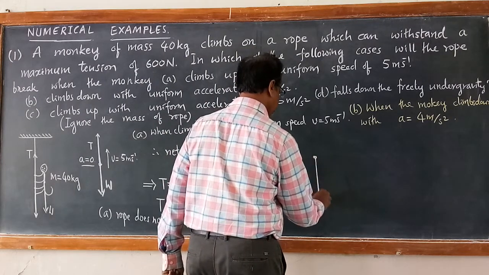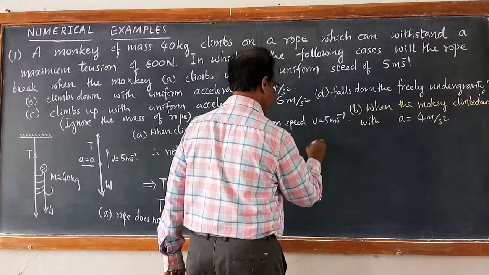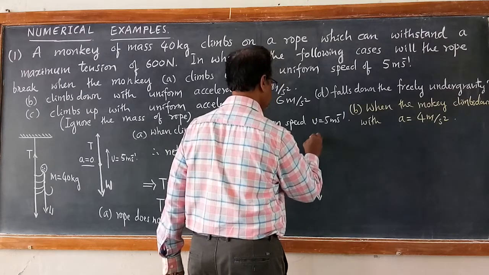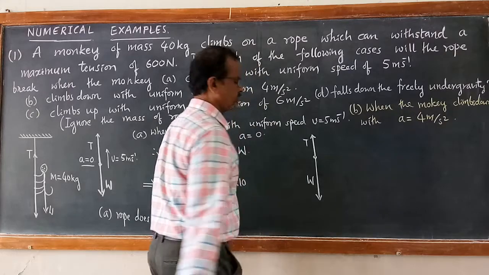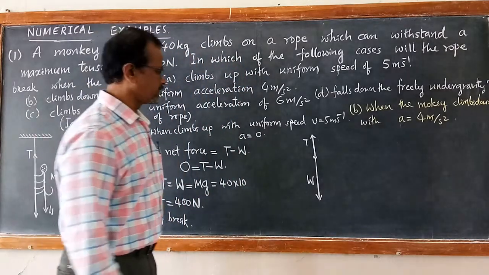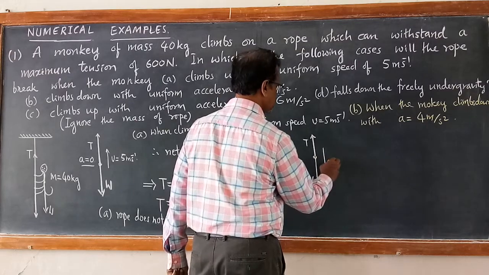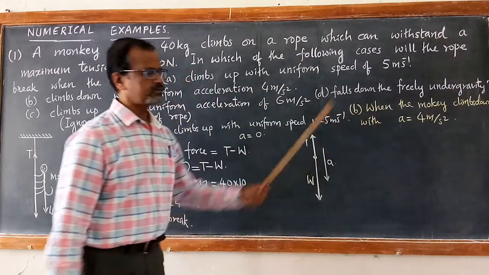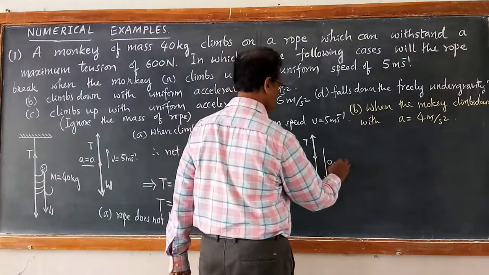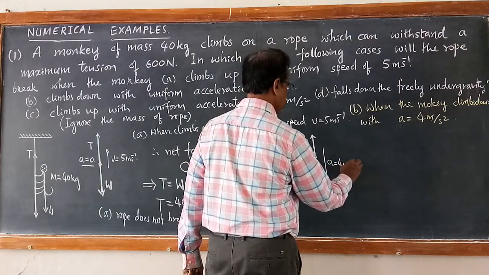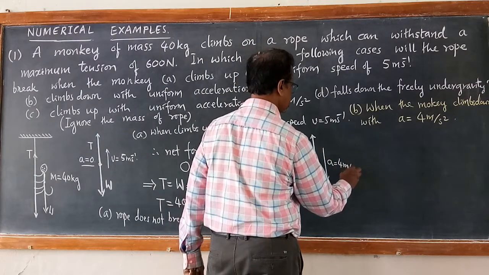Now W must be taken of greater magnitude, and tension T must be taken of lower magnitude, because the net force is acting vertically downwards with a certain acceleration a equal to 4 meters per second square.